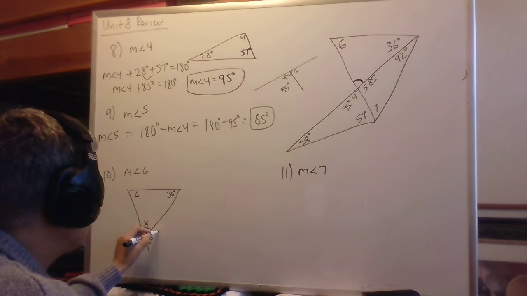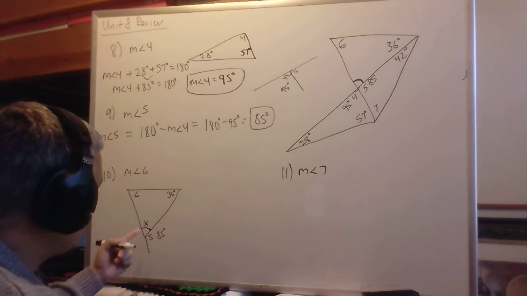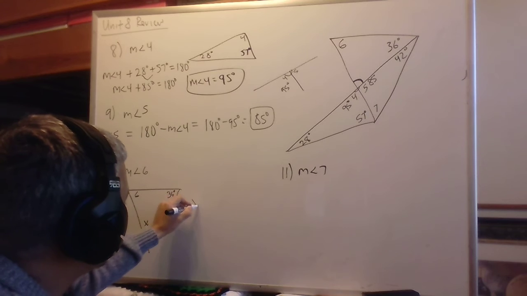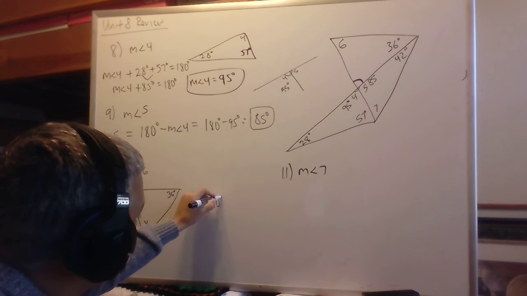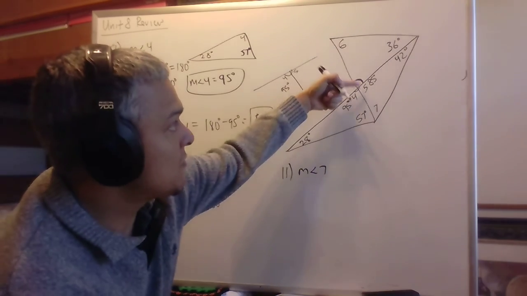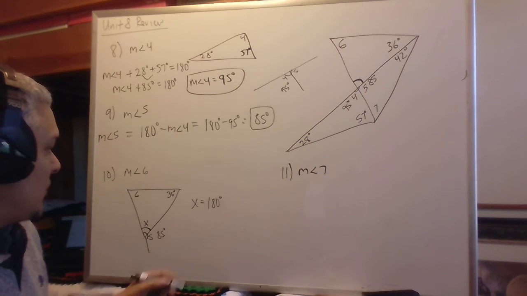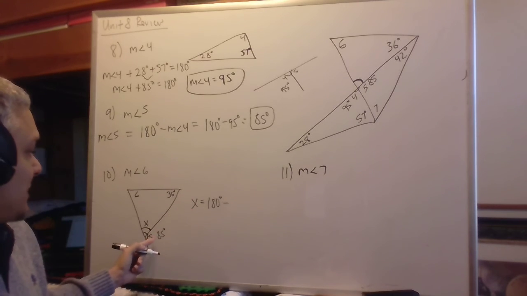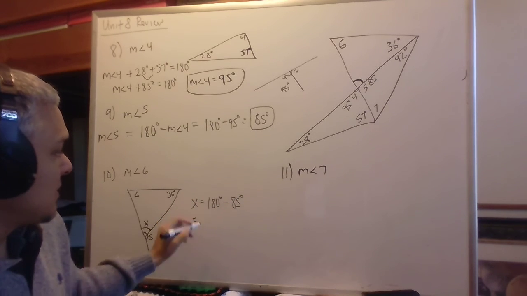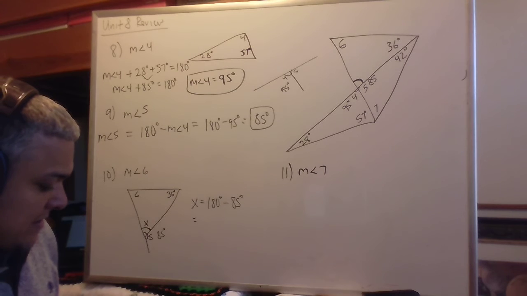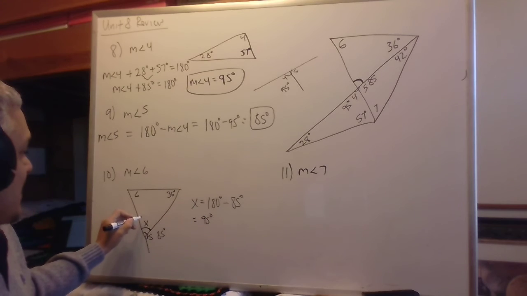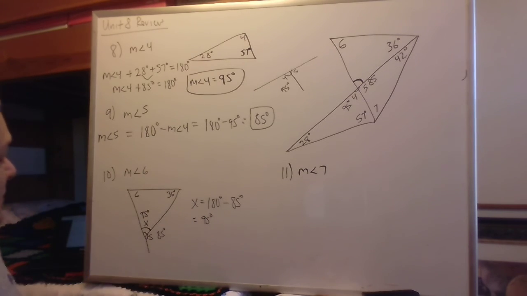And we know from the last problem that angle 5 equals 85 degrees. So in order to find this angle right here, X is going to equal 180 degrees, because these two angles right here, angle 5 and this unknown angle, form again a straight line, or a supplementary angle. So we know it equals 180 degrees. So if we take angle 5, which is 85 degrees, we're going to take 180 and subtract 85, and that gives us 95 degrees. So that means that this X right here is 95 degrees.